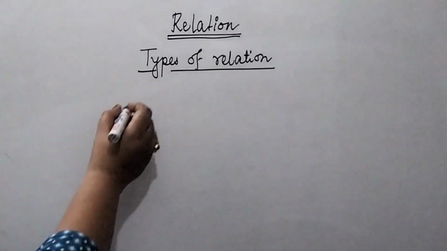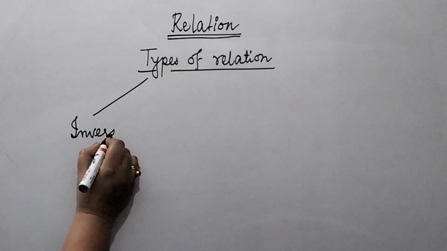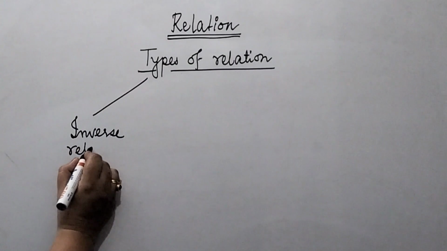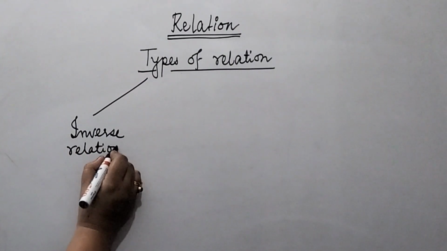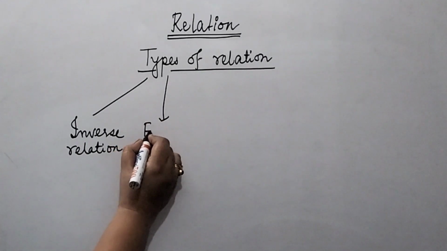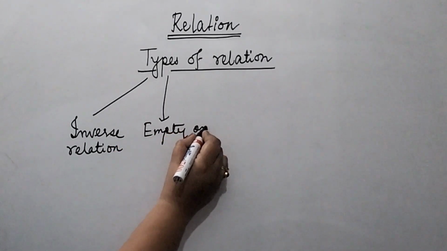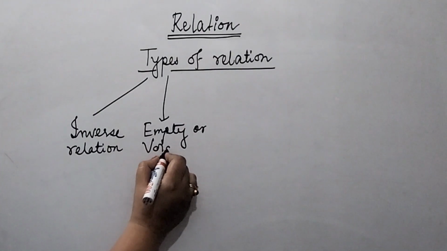The first type is inverse relation. The second one is empty or void relation.